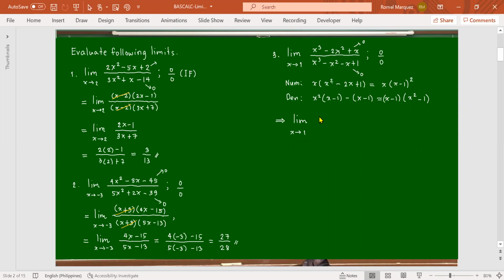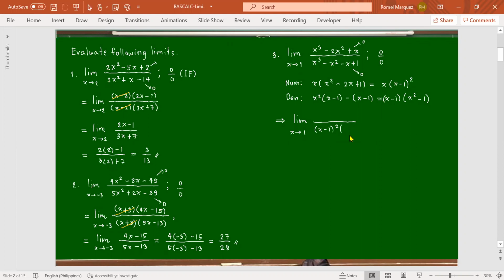So ito na yung factored form, no? x minus 1, quantity squared, all over, what is the denominator? The denominator is x minus 1. Pwede pang ma-factor to, no? Quantity squared din.